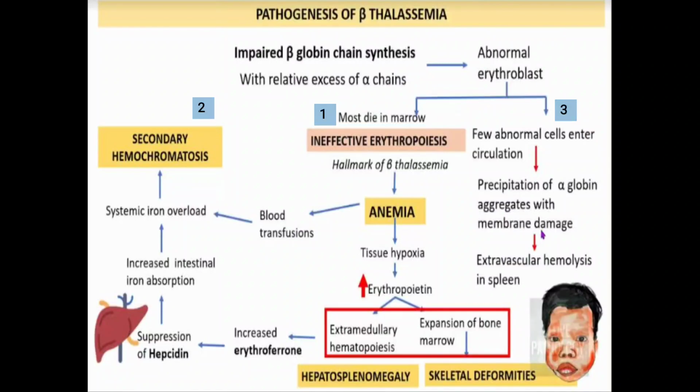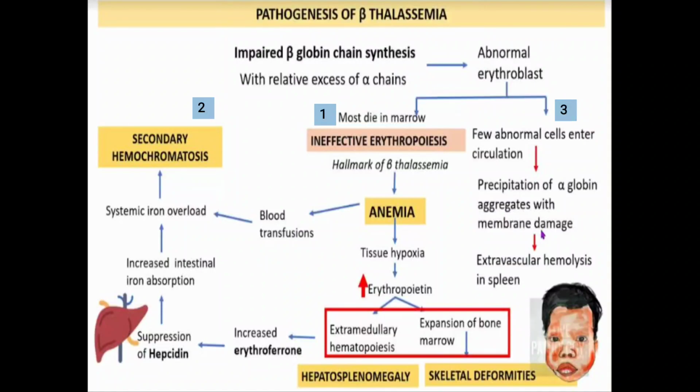When there is anemia, there is going to be tissue hypoxia, and when there is tissue hypoxia, the erythropoietin level that is produced by the kidney increases. So that causes extramedullary hematopoiesis, that is hematopoiesis occurring in organs other than the bone marrow, like the spleen, lymph node, liver, etc. Also, as in fetal life, when the bone marrow is produced from the end of the long bone, those areas also come to aid the hematopoiesis, leading to expansion of bone.